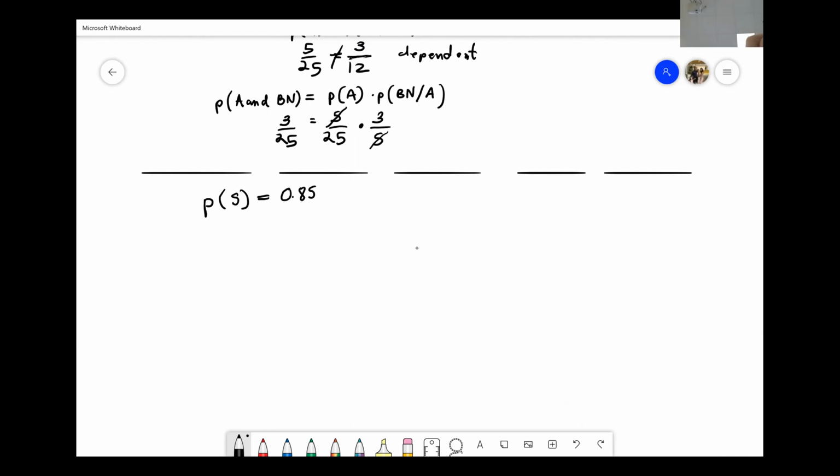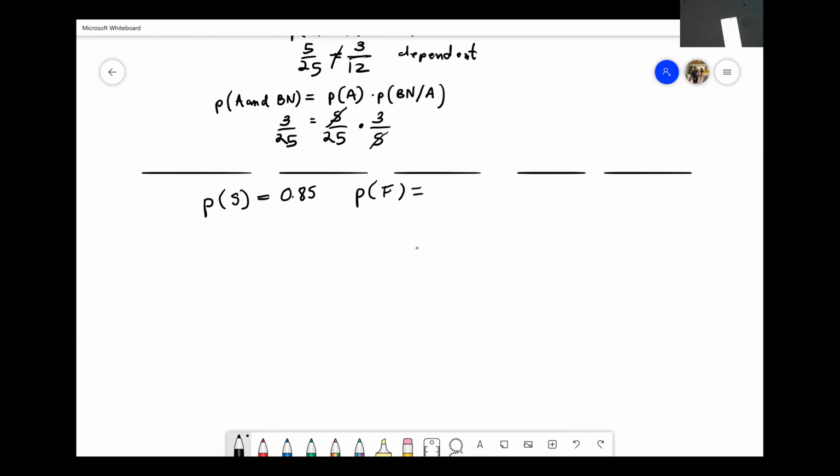Now, if the probability for successful knee surgery is 0.85, could you tell me what the probability of, I'll use the F, of failed knee surgery would be?